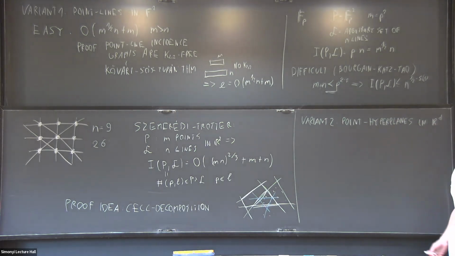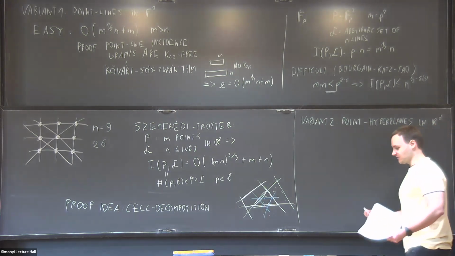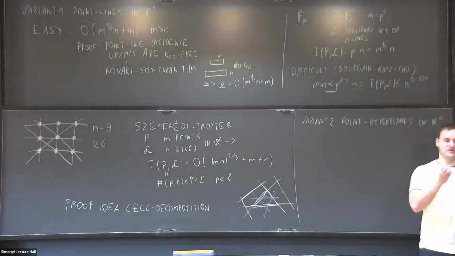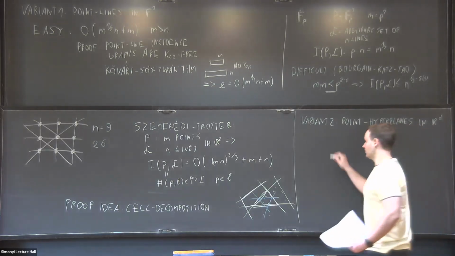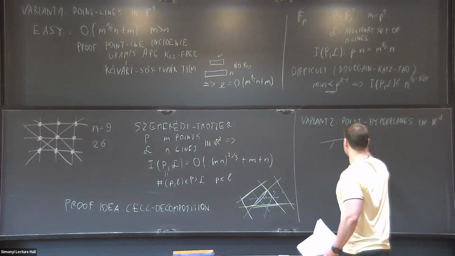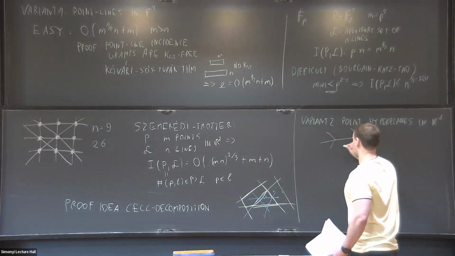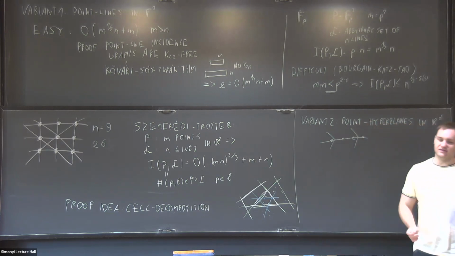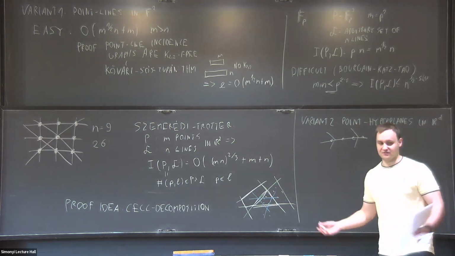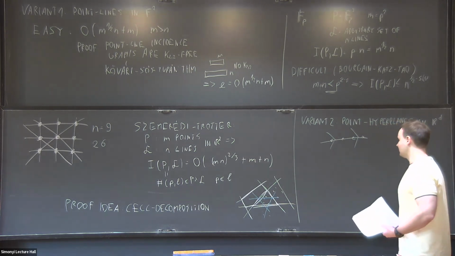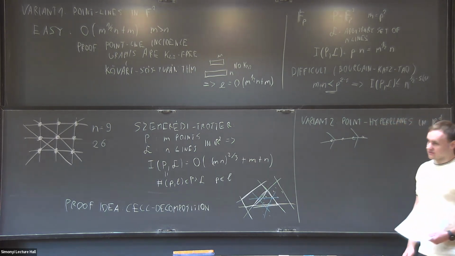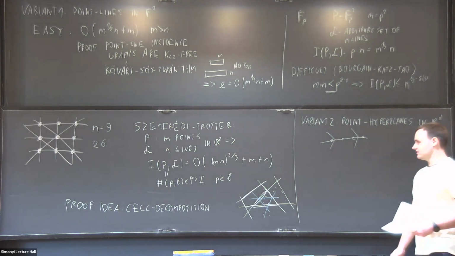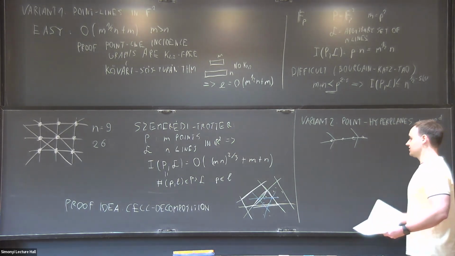If we just ask what is the maximum number of incidences between points and hyperplanes, it's not a very interesting question, because it can happen that all your points lie on a single line, and all your hyperplanes contain this single line. In which case you get that the number of incidences is just m times n, which is, of course, trivially maximal.